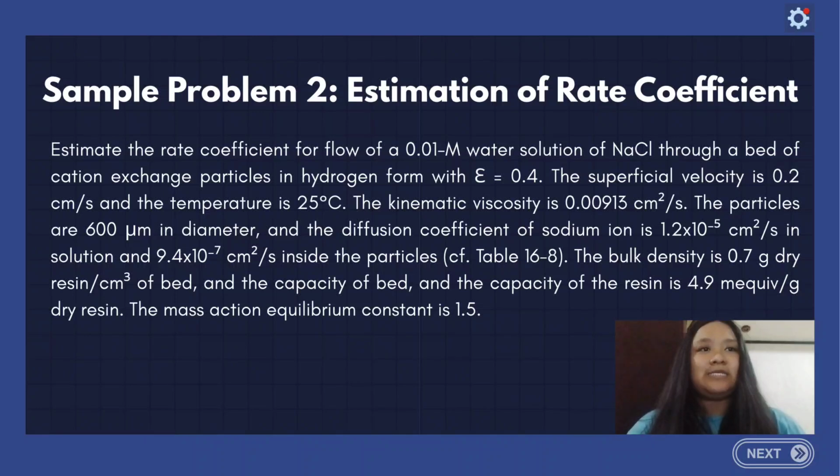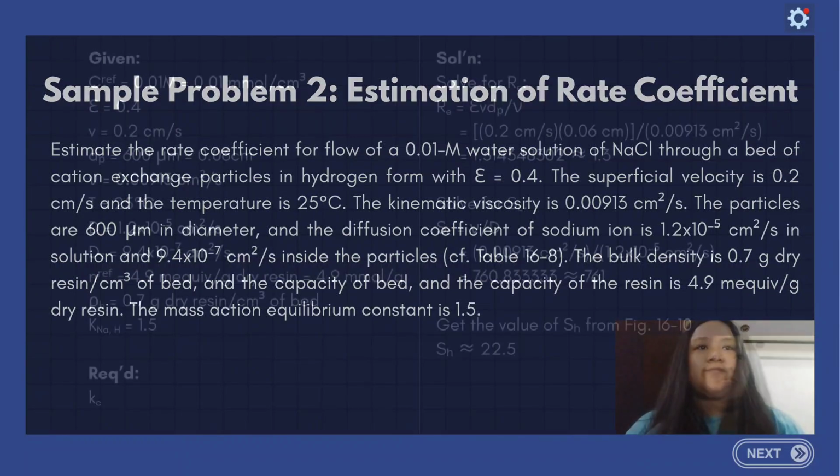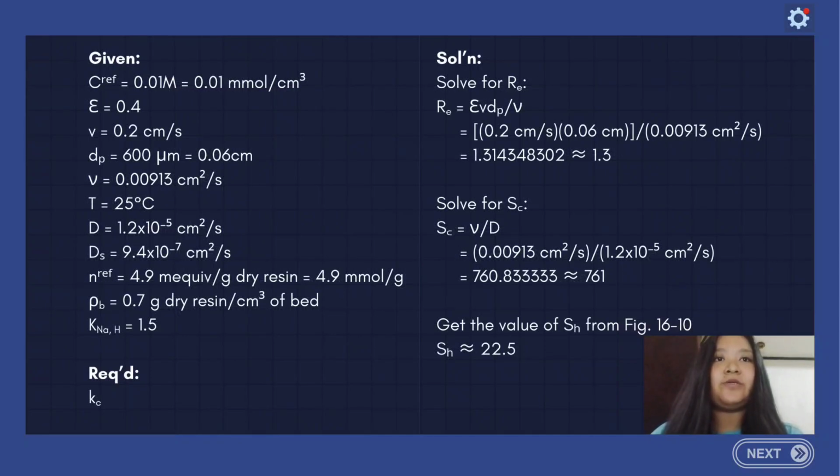The bulk density is 0.7 gram dry resin per cm cube of bed and the capacity of the resin is 4.9 milliequivalents per gram dry resin. The equilibrium constant is 1.5. The following are the given parameters in the problem, and the required is the rate coefficient.